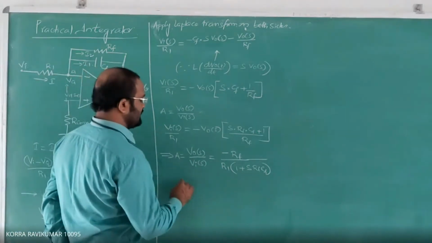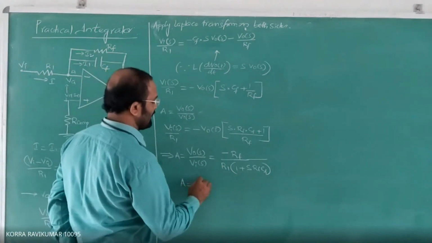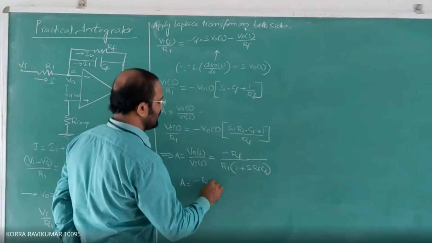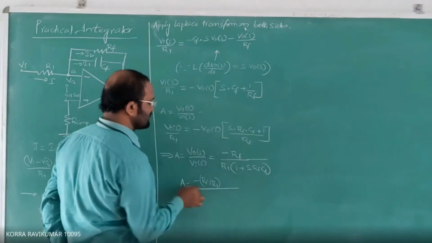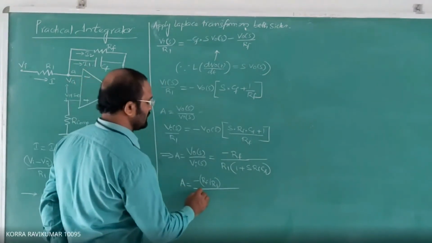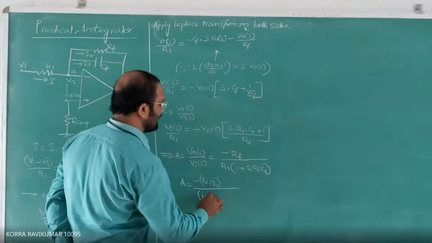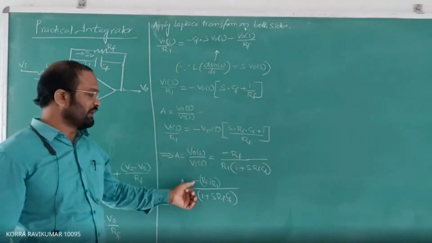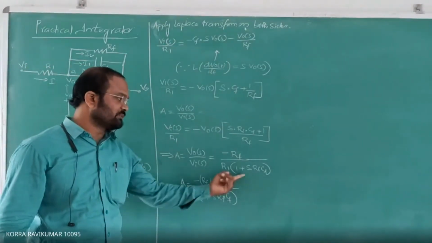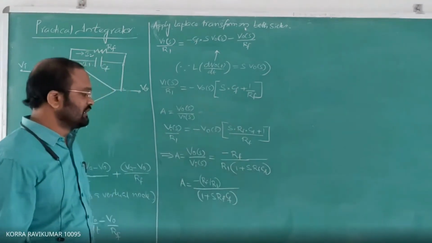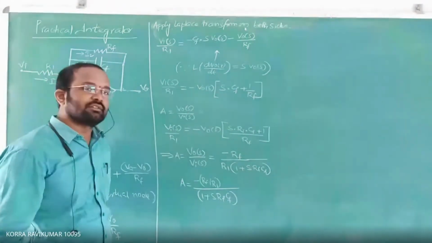So gain is equal to minus RF by R1. Can I write it like this? Yes, all of you, can I write this expression like this? Yes, sir. Right. A is equal to minus RF by R1 divided by this denominator, 1 plus s into RF CF.